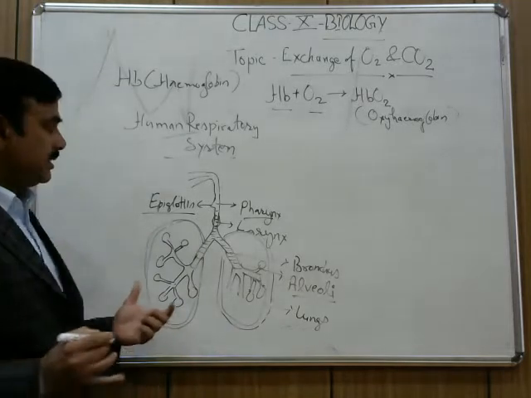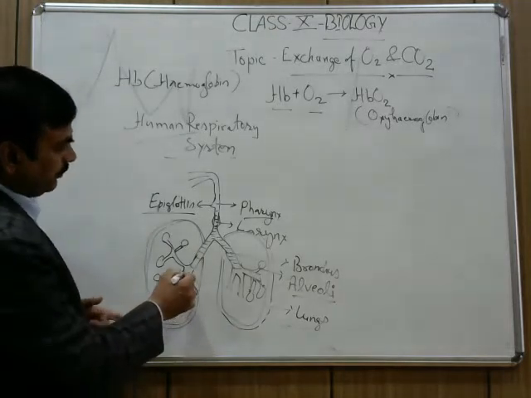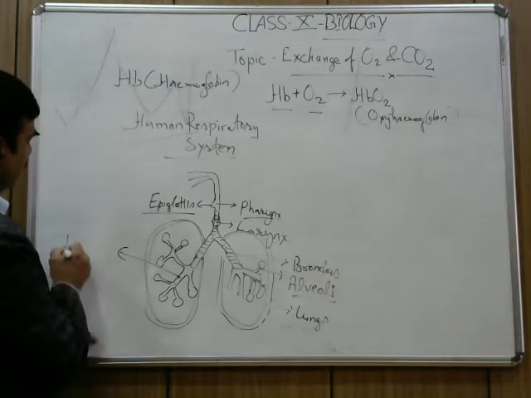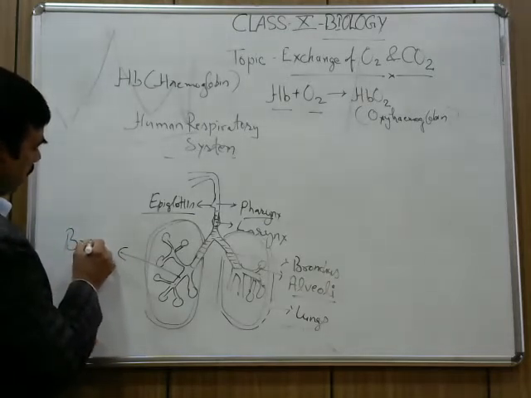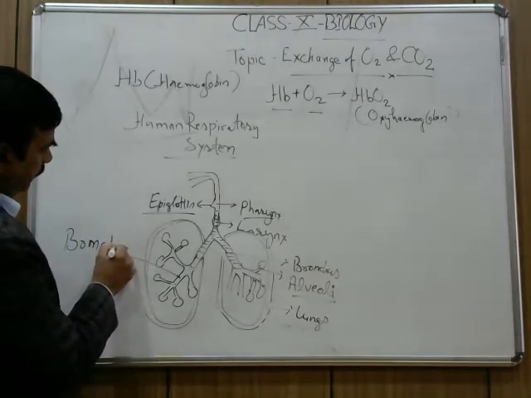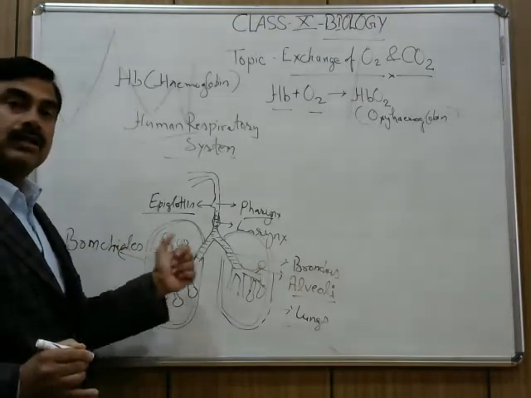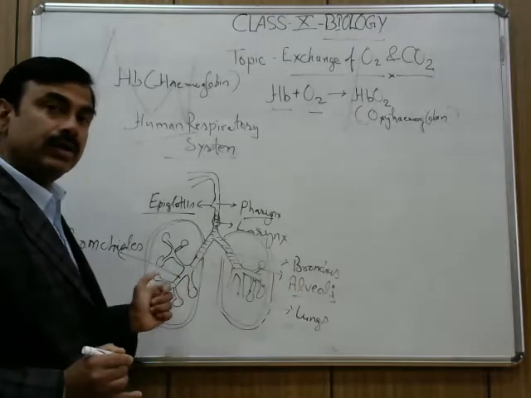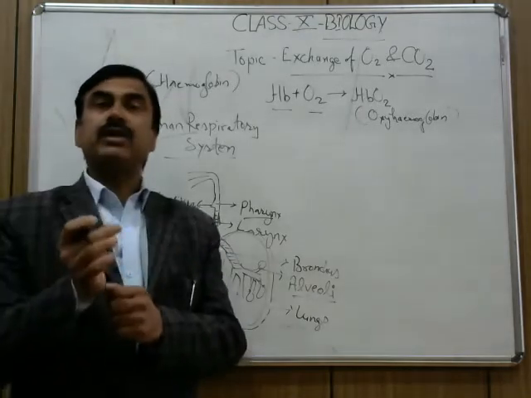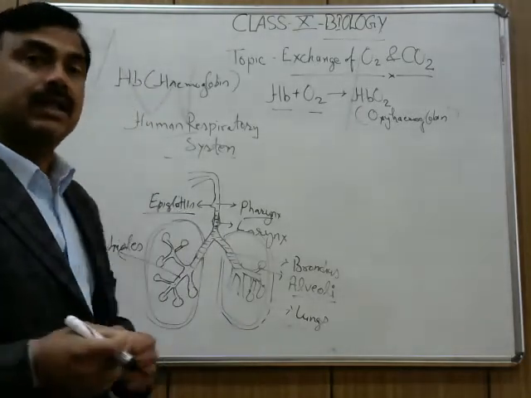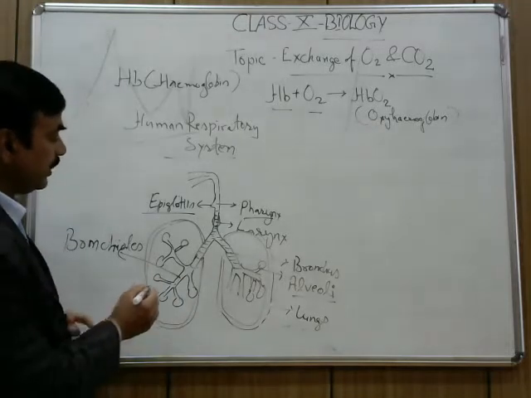And you can see, these are the bronchioles. After bronchus, the next are called bronchioles, and then a minute pipe-like structure, that is the alveolar duct.